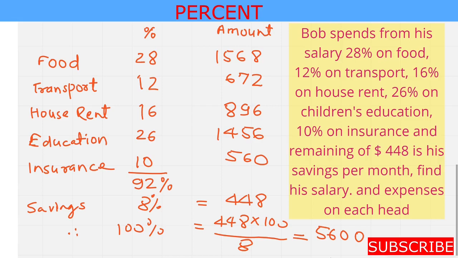The sum of all these will be 5,600. Thus the salary of Bob is 5,600 and the head-wise expenses are already explained to you, which I have given on food, on transport, house rent, education and insurance. This way we have to solve such type of questions.